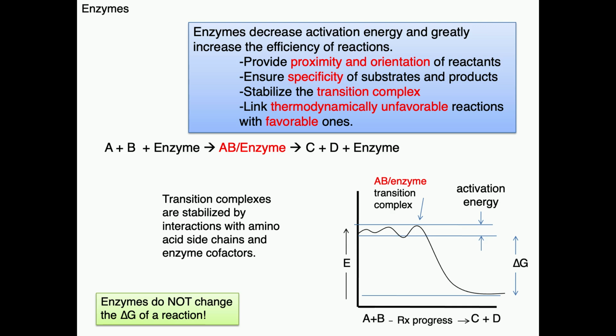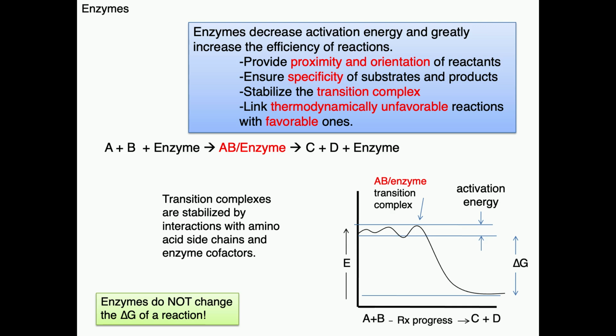So here you have the A and B, the same reaction, A plus B making C plus D. However, it's not just A and B colliding that provides the energy. You've got A binding to an enzyme and then B binding to an enzyme.